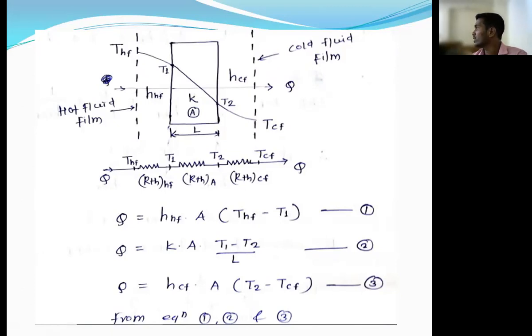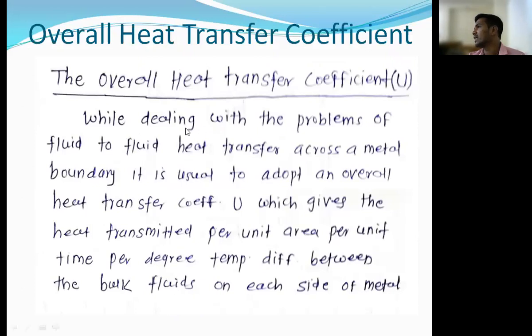काही वेळेला वेगळी सिच्युएशन असेल, एका साइडला फ्लुइड आहे आणि परत दोन प्लेट असू शकतात, तर त्यावेळेला ओव्हरऑल हीट ट्रान्सफर कोएफिशियंट काय? Okay, so we have to calculate the equation of that overall heat transfer coefficient. Okay, so for that we have to write down first what is the meaning of overall heat transfer coefficient.